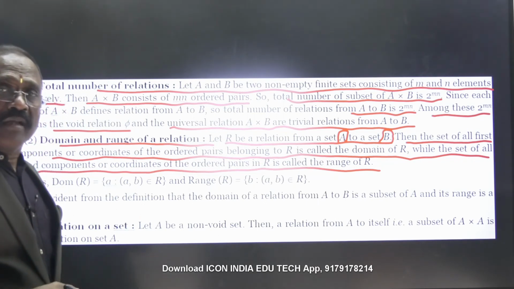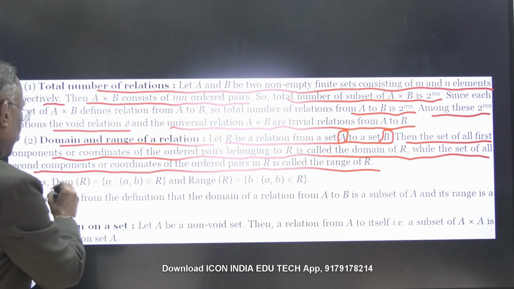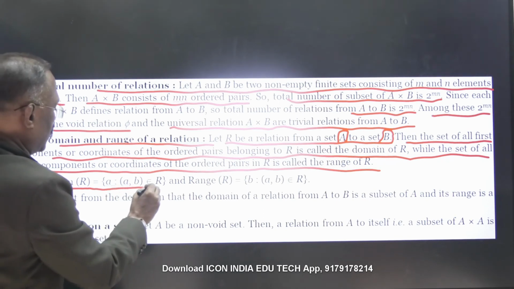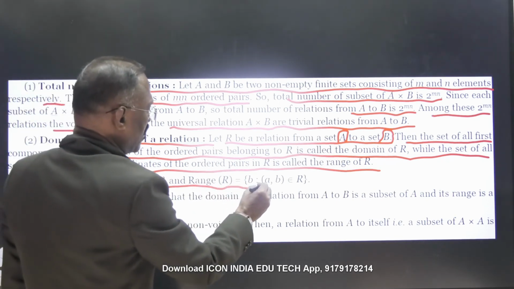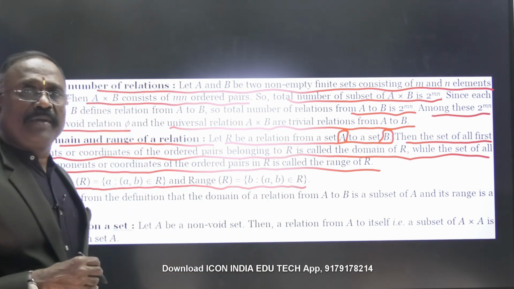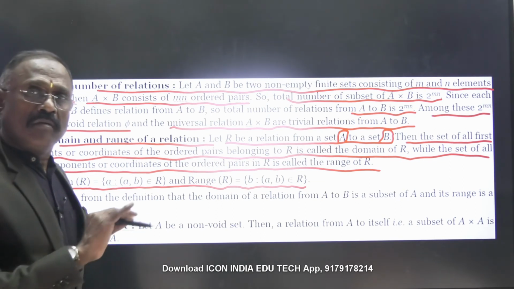Input, the domain, and output, the range. If you want to write it, domain of R is equal to {a : (a, b) belongs to R} and range of R is equal to {b : (a, b) belongs to R}. So the first component is nothing but the domain and the second component is nothing but the range.